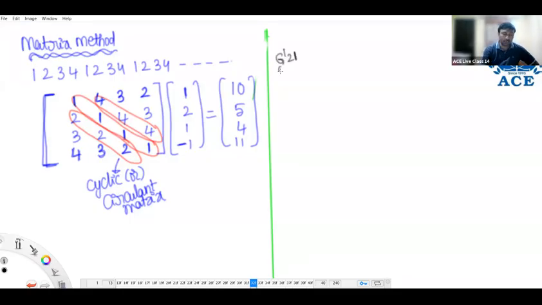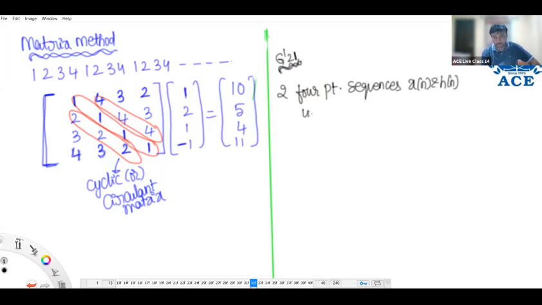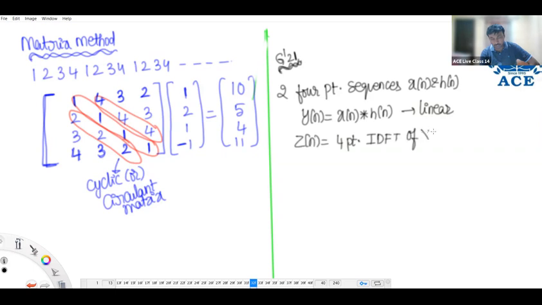GATE 21 question, you answer me. Let me see how many of you will give me a prompt answer. Two 4-point sequences x(n) and h(n) are considered. y(n) is taken as x(n) convolved with h(n), which means ordinary linear convolution. z(n) is the 4-point IDFT of X(k) times H(k).